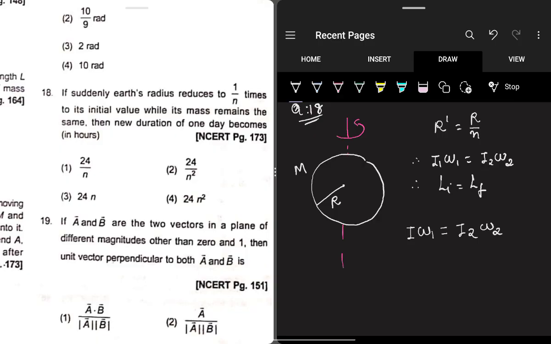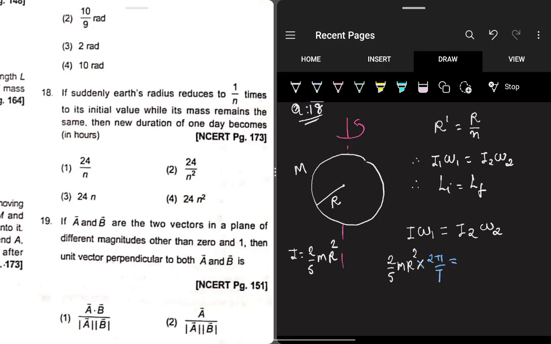Now considering this Earth as a sphere, the moment of inertia of a sphere is given by 2 by 5 m r square, right? And we can write this angular velocity as 2 pi upon t.